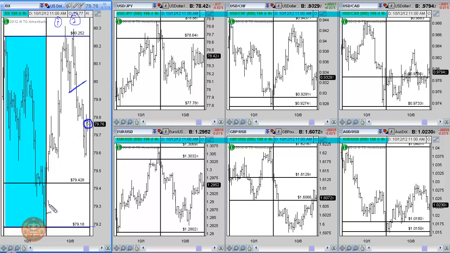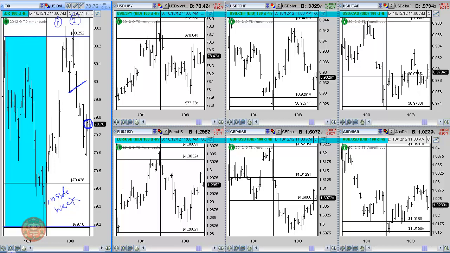So this is what we call an inside week, and an inside week basically tells us that neither the bears nor the bulls really made any true progress in any direction. We were expecting that perhaps the dollar might break down, and that did not happen. The contingency was that perhaps the dollar index would start to go higher, but that did not happen.